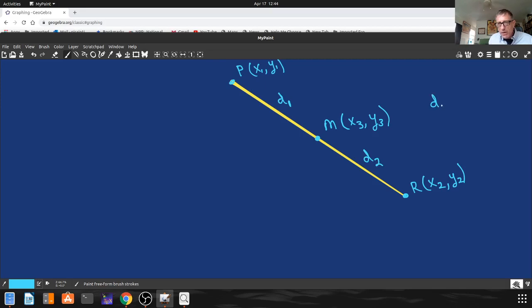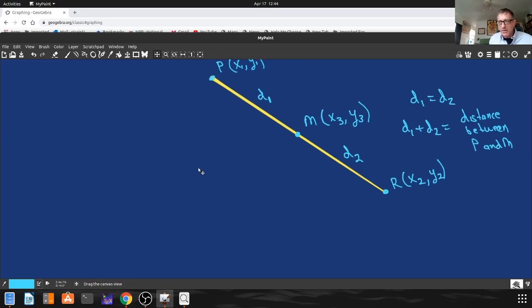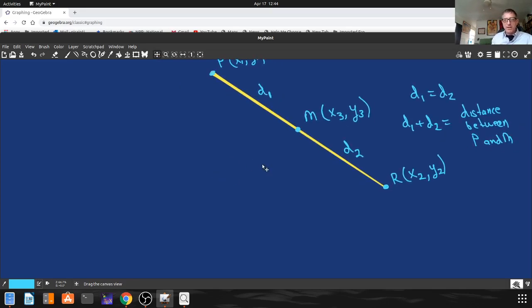So D1 is equal to D2, and the sum of D1 plus D2 is the distance between the point P and R. So that's just conceptually what we're talking about. I'm just going to give you a formula. So here is the formula.